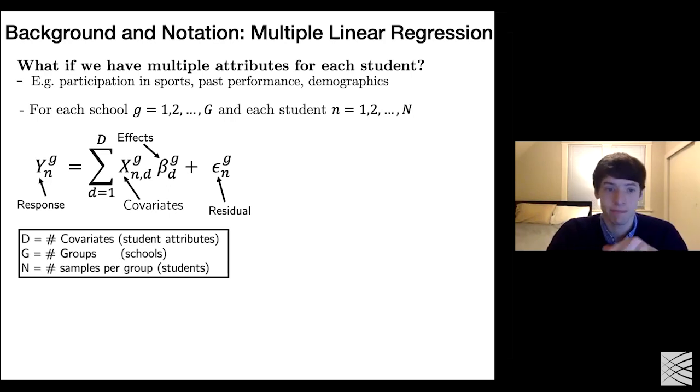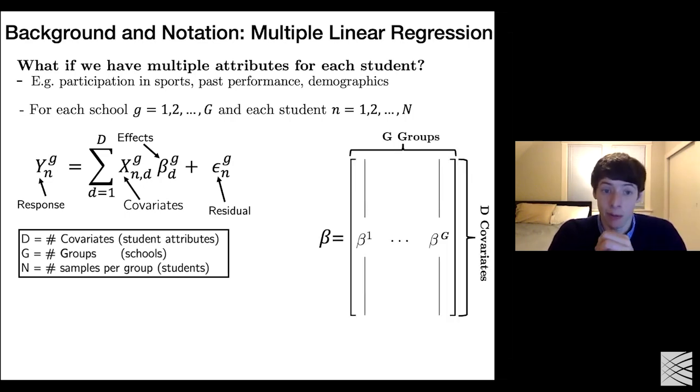And in terms of what the parameter that we want to estimate is, right now, instead of having a vector of parameters for each school, now we have a big matrix, which I can write as having G columns, where each of the columns has this superscript indicating which group it's associated with.